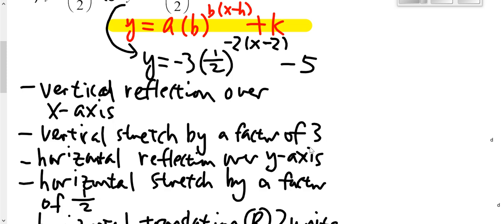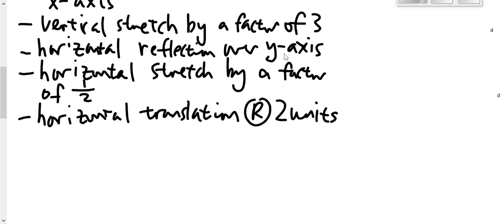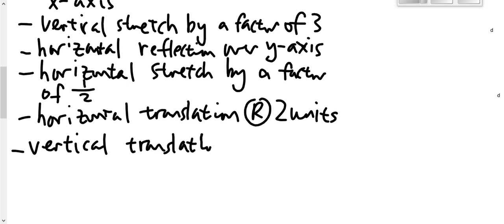Okay, last thing is, if you look at this, obviously k is -5, and k represents vertical translation.